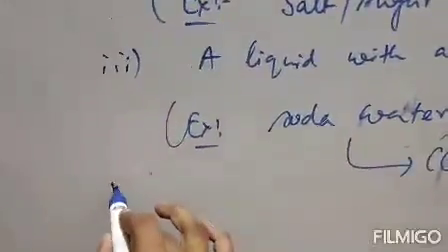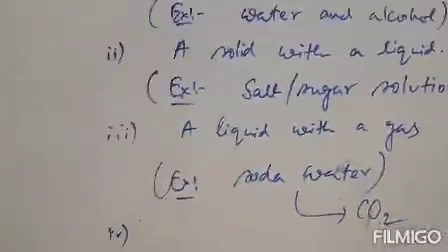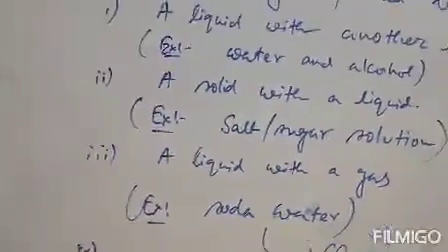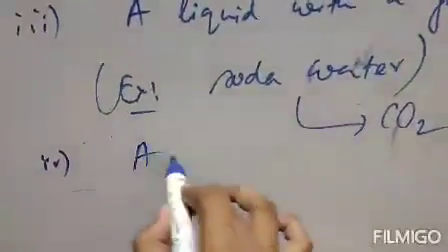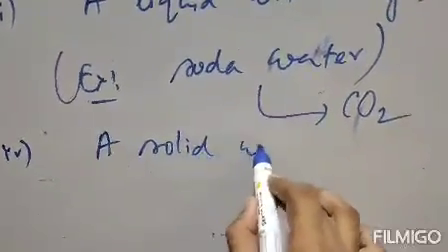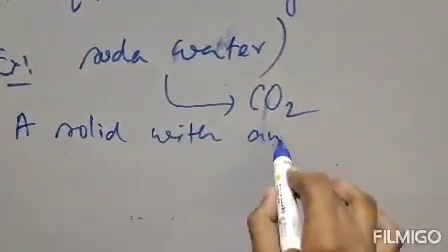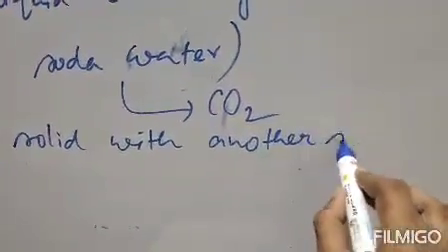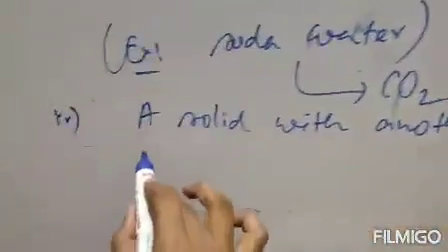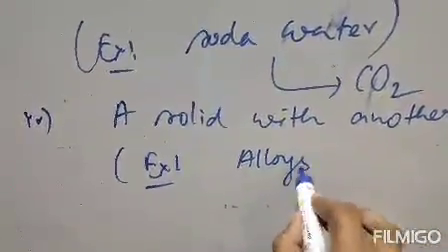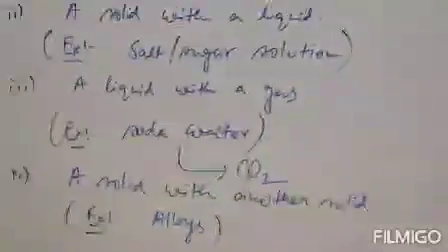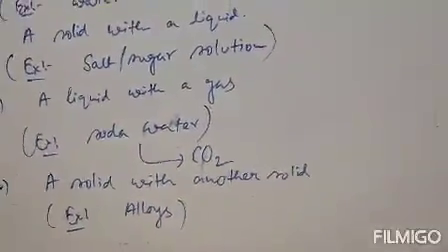Fourth category, if you are mixing a solid with another solid, that means two solids. Examples are different types of alloys where more than one metal is mixed.